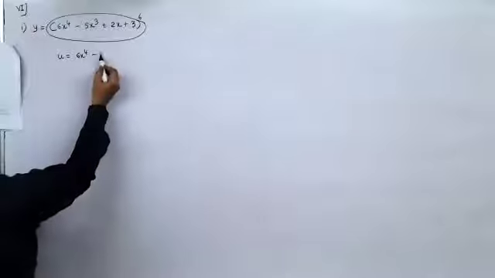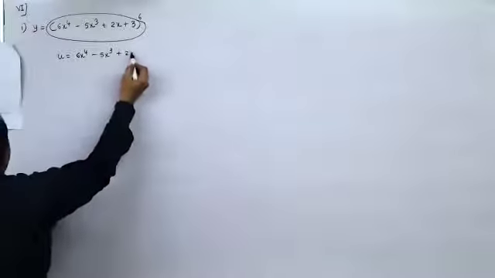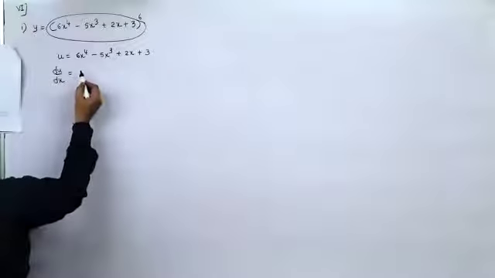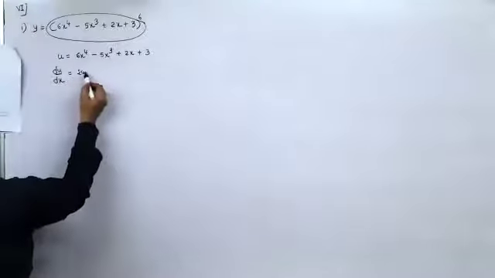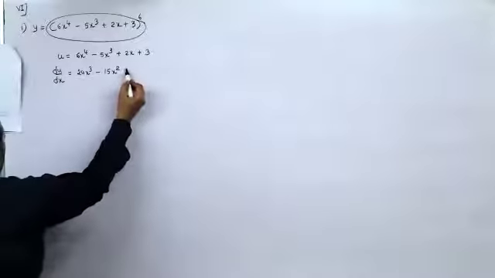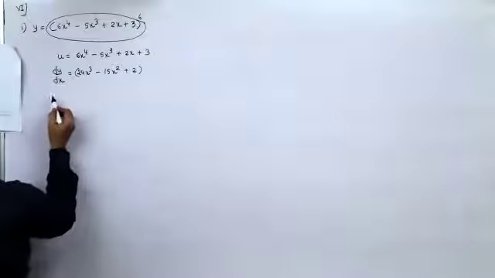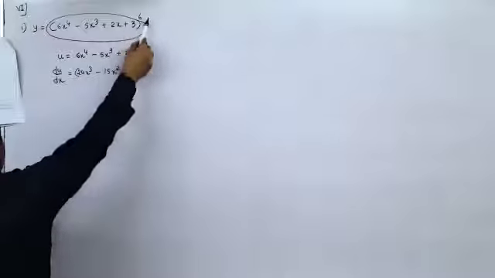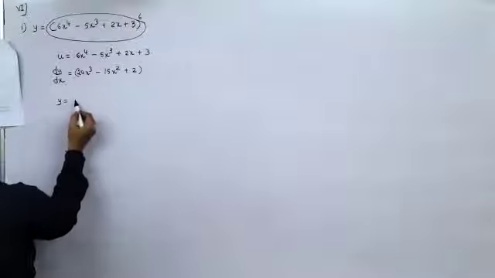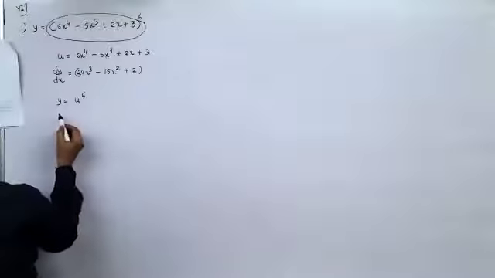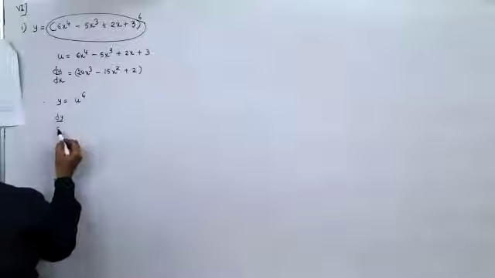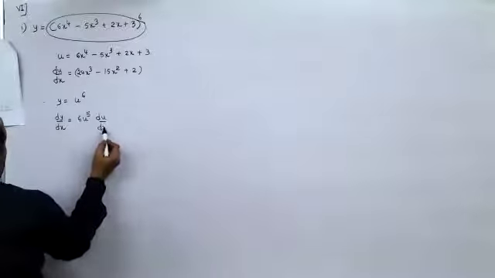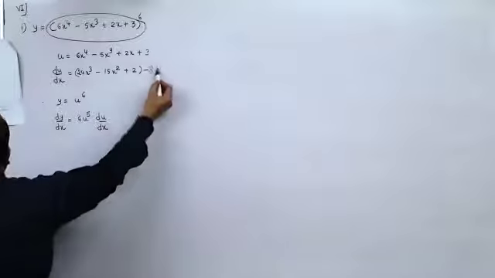I don't like this method personally, but minus 5x cube plus 2x plus 3. Then they differentiate this and they say this is equal to 6 into 4, so 24x cube minus 15x square plus 2. Then y equal to, they have treated this as u raised to 6 and they'll say dy by dx is equal to 6 into u raised to 5 into derivative of u, and then they'll substitute this here.